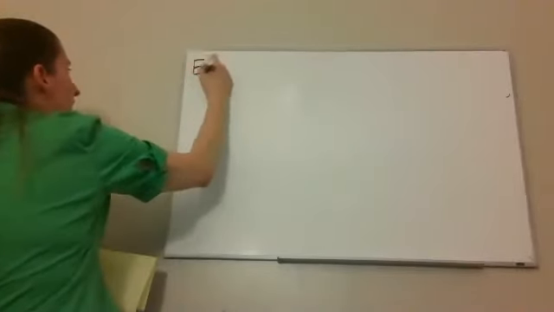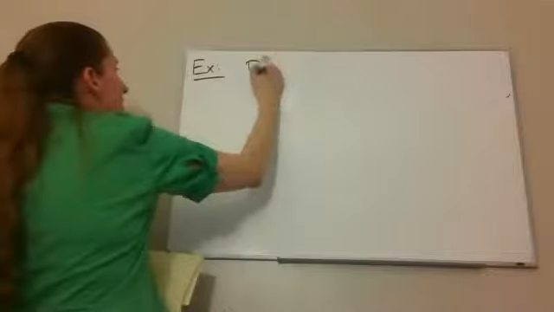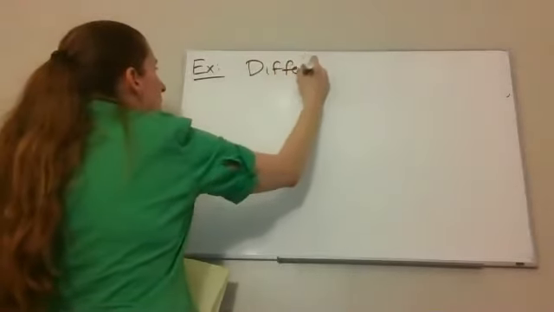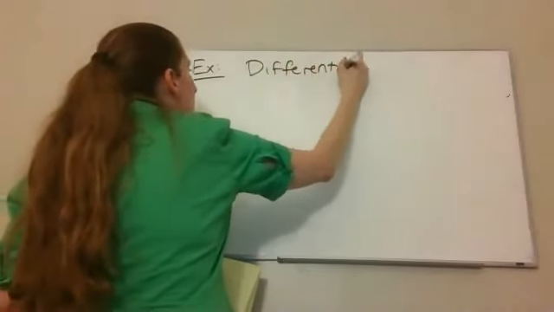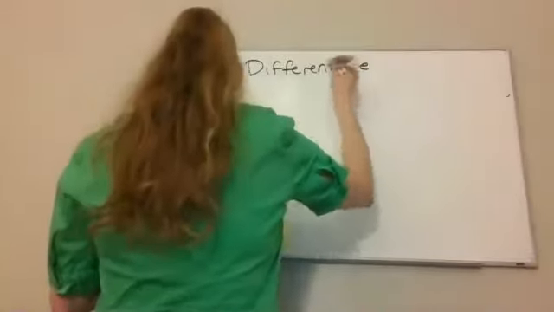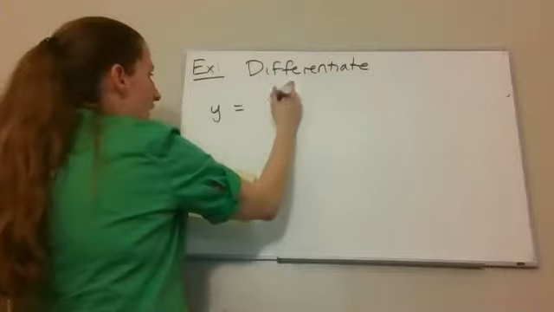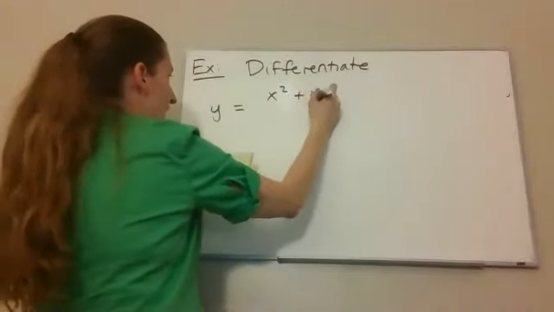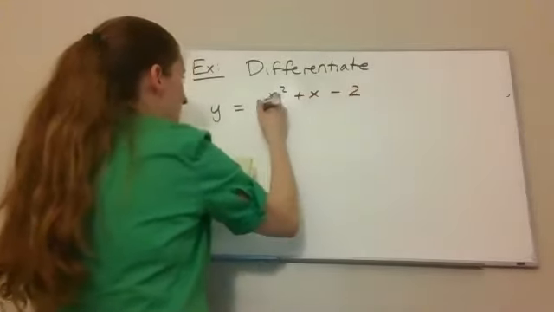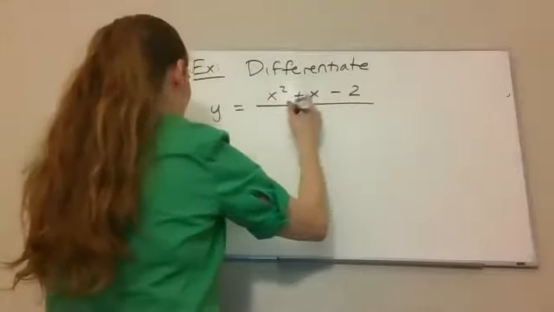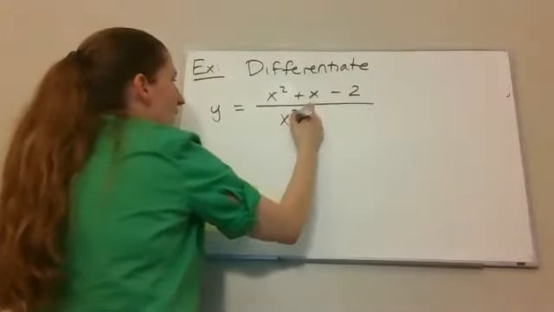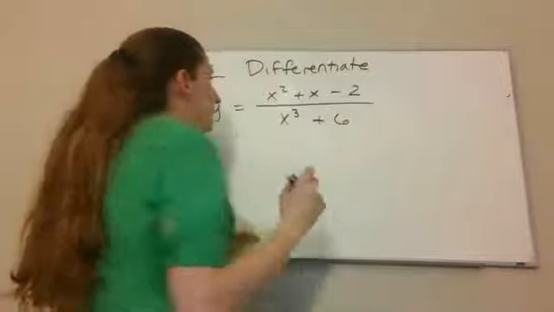So let us differentiate the function y equals x squared plus x minus 2, all divided by x to the third plus 6.